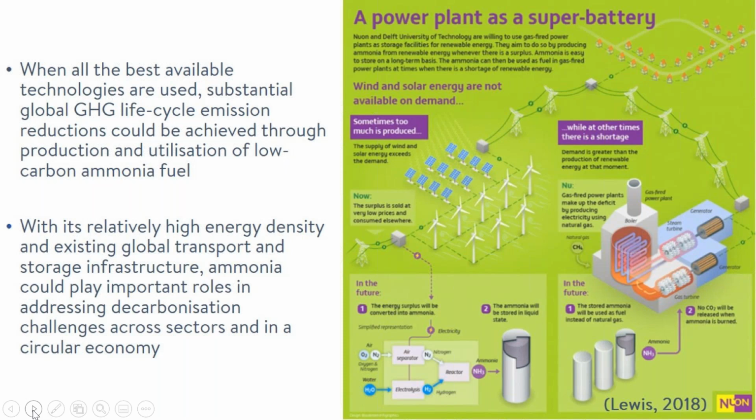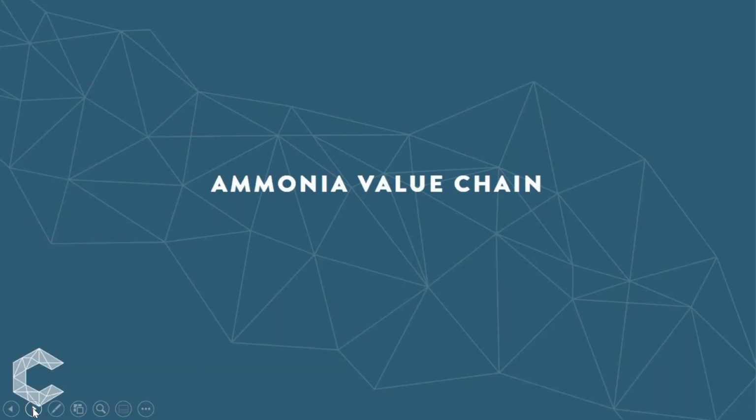Co-firing ammonia can reduce the risk of existing plants becoming stranded assets by allowing them to continue operating even when climate regulations are tightened. Therefore, ammonia could play an important role in a clean energy transition. Next slide, please. And the next one.